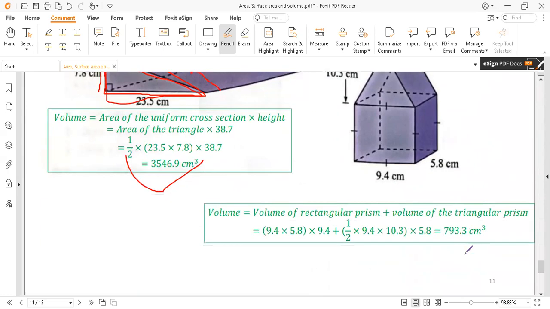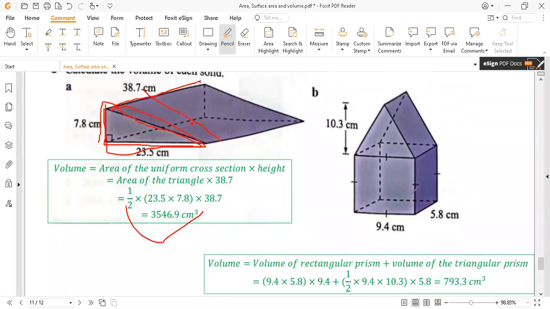in centimeters cubed. But this one is a composite solid, because we have a cube in the bottom, and at the top we have a triangular prism. The bottom, we take as the base, area of the base, and we multiply it by the height.